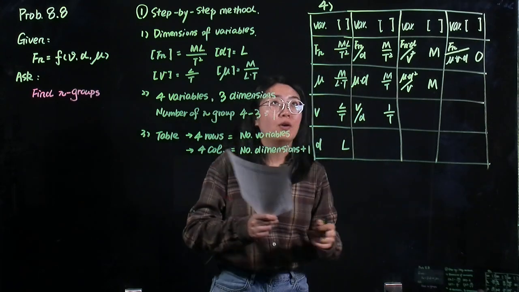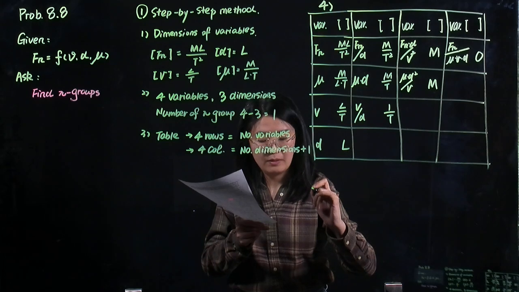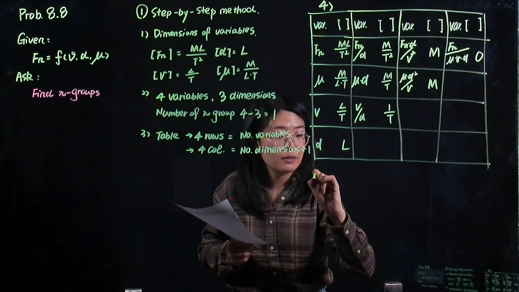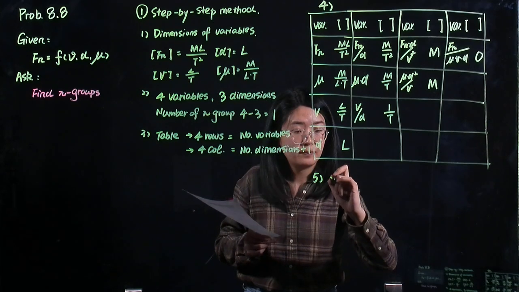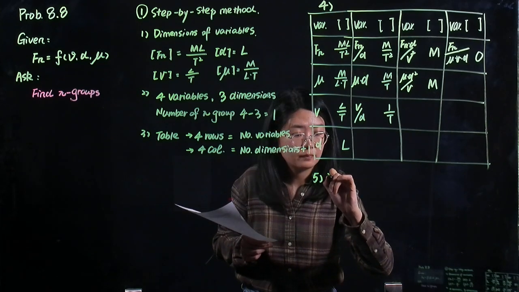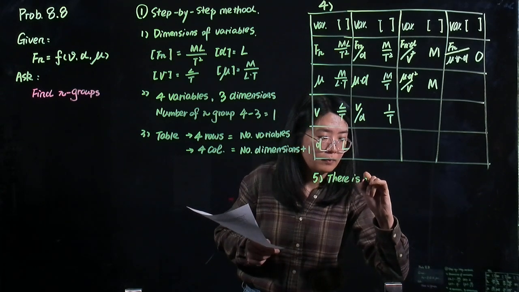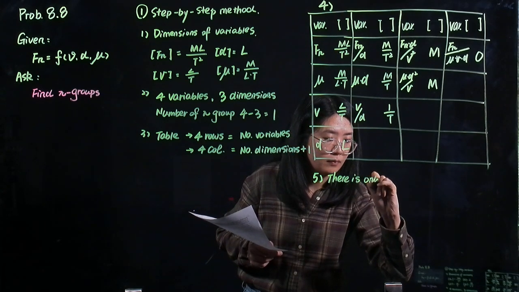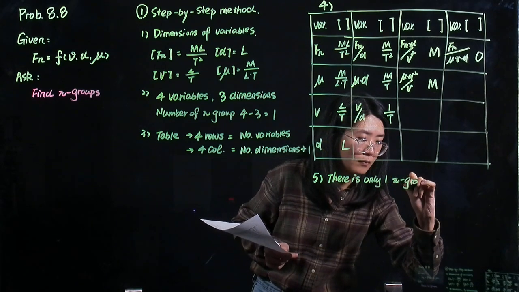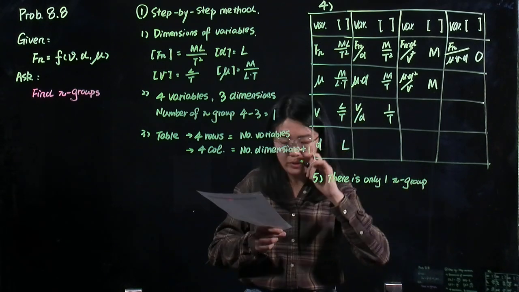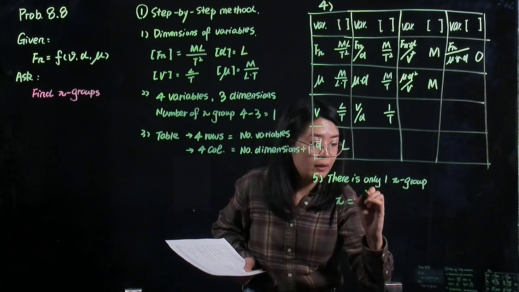And then we can make a conclusion that we got only one pi group, which is pi equals this one.